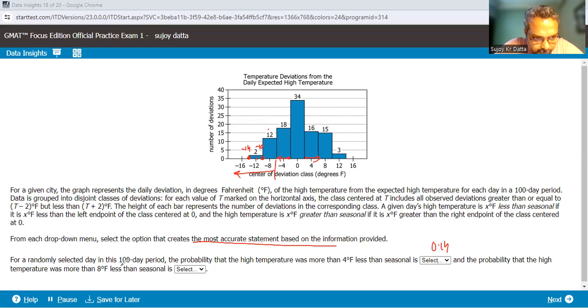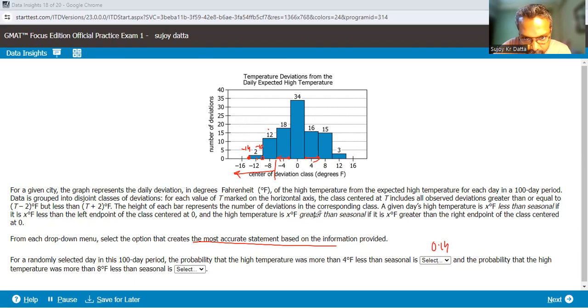And the high temperature was more than 8 degrees Fahrenheit. It's 6 degrees Fahrenheit less than the seasonal if it is less than the left endpoint of the class.